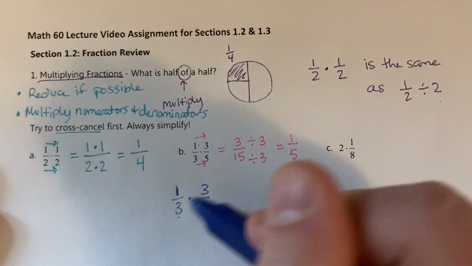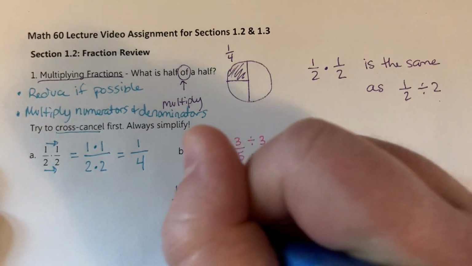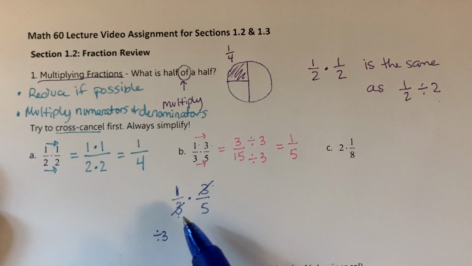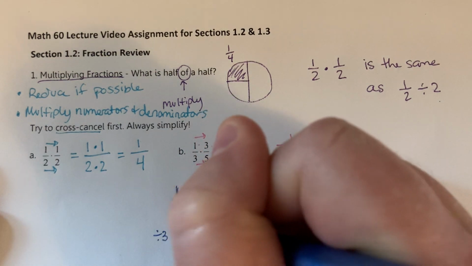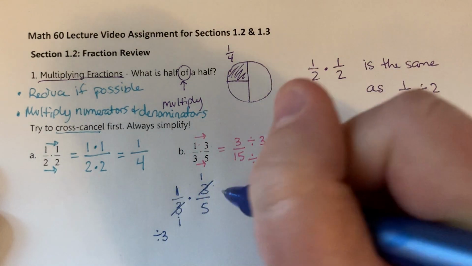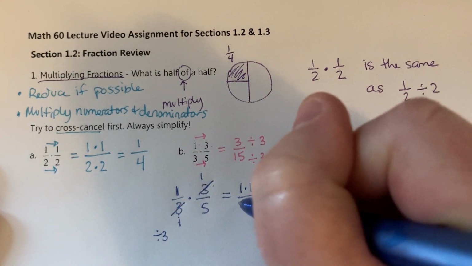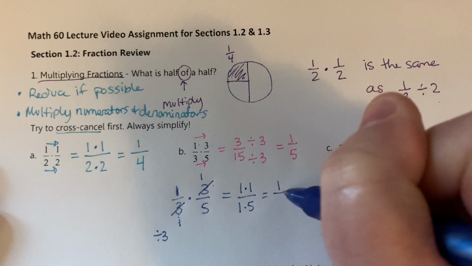But these 3's, 3 divided by 3 makes 1. So really what I'm doing is dividing both by 3. So 3 divided by 3 is 1, 3 divided by 3 is 1. And so now the top is just 1 times 1, and the bottom is 1 times 5, which is 1/5.